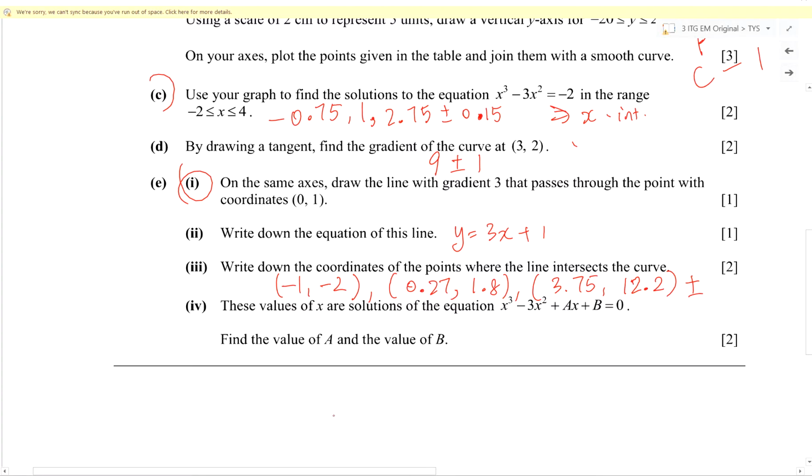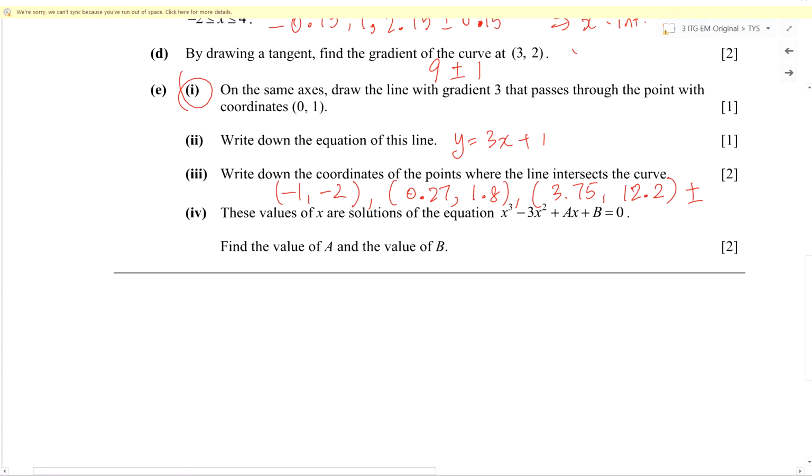Now part 4, I admire some of your drive, your grit in trying to solve for A and B through substitution. The approach is not wrong by using substitution. It is not wrong. You substituted some of these values, right? But are these values accurate? It's based on your graph, right?